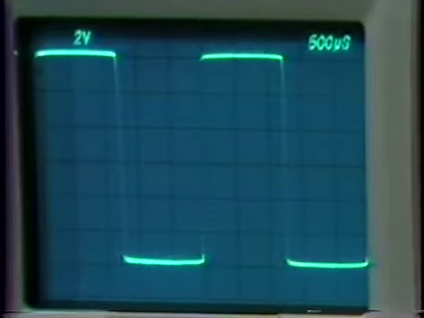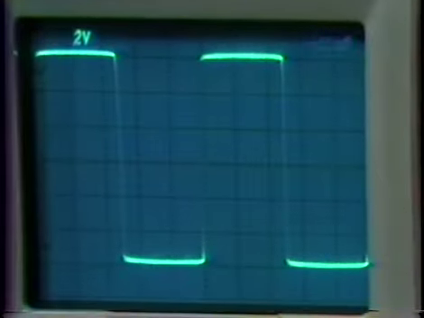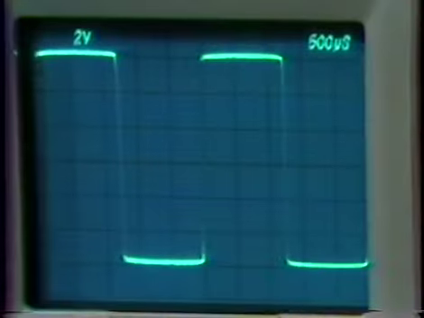Let's look at one other thing, which is the gain of the describing function element, or the gain of the nonlinear element in a describing function sense. Under these conditions, we have a very large amplitude signal at the input to the nonlinear element. And let's look at that input signal for a moment.